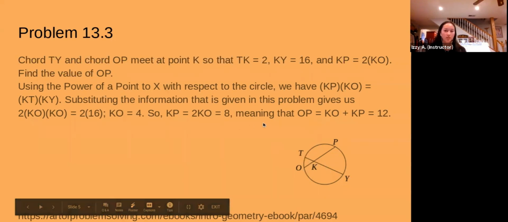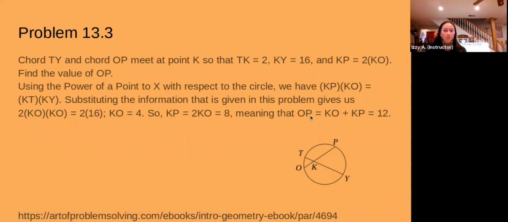Substituting the information, you get 2 KO times KO, which is equal to 2 times 16. As a result, KO is equal to 4. Then KP would be equal to 2 times KO, which is 8, meaning that OP would be equal to KO plus KP, which is 12.